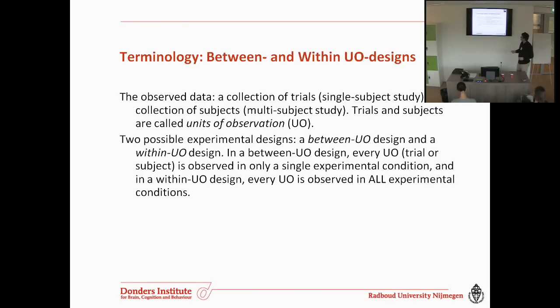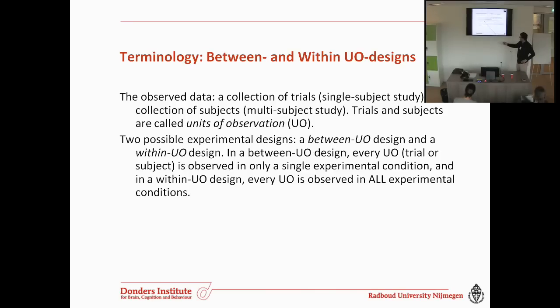Now, what is the crucial distinction between those two types of designs? First point to be made is that in practice we work either with collections of trials, that's what you have in a single subject study, or with collections of subjects, and that's what you have in a multi-subject study. So trials and subjects are jointly denoted as units of observation.